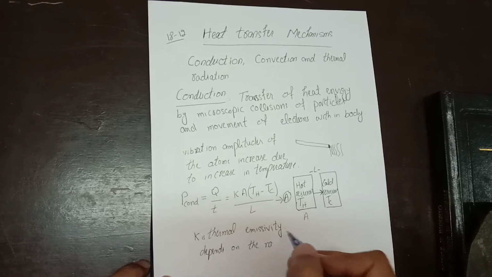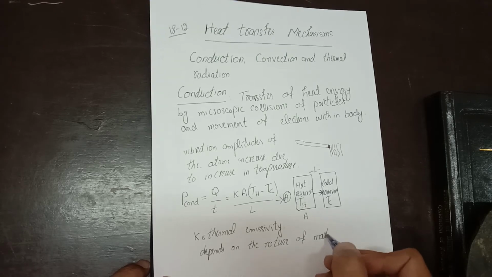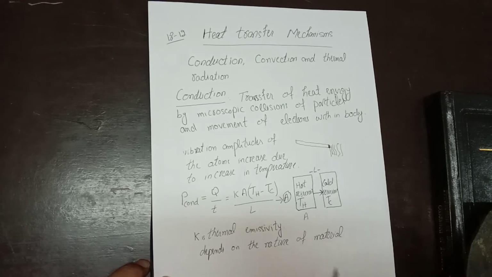In the book there is Table 18.6 in which values for different materials like lead, iron, brass, copper, white pine, window glass, etc. are given. You can easily see these values.